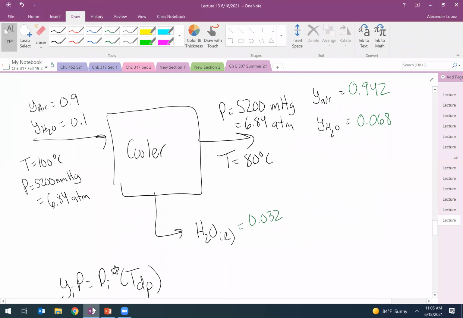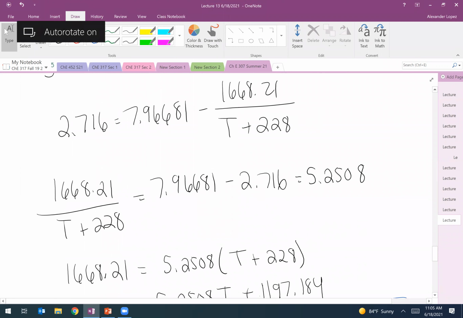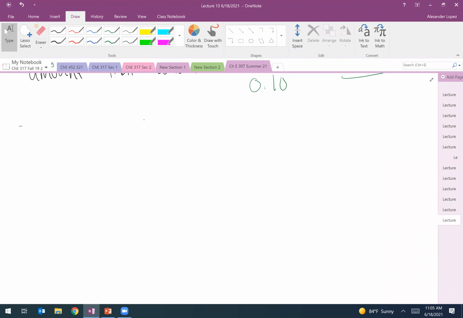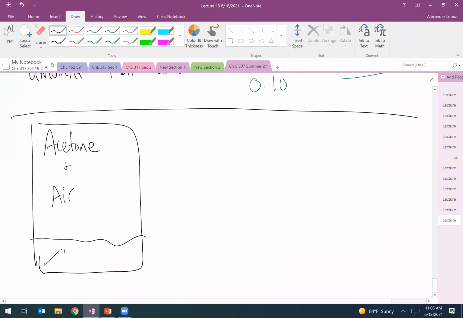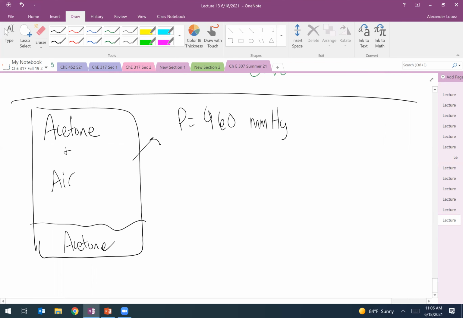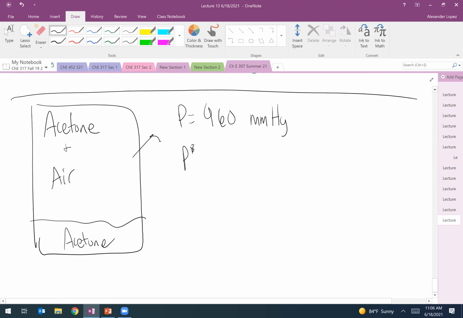So looking at this example, we have our system of acetone and air, with a little bit of liquid acetone down here. The pressure of the system is 960 millimeters of mercury, and the vapor pressure of acetone is 200 millimeters of mercury.